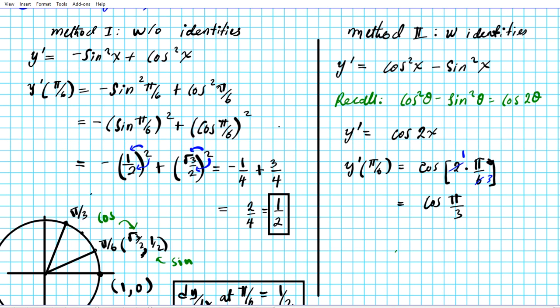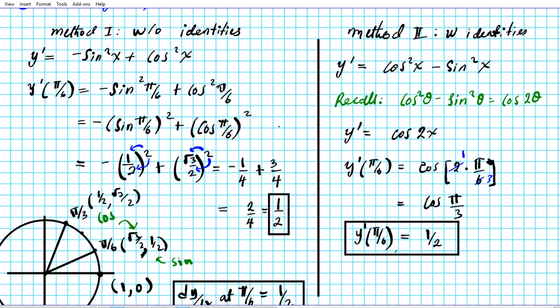Just switch this around. It's going to be (1/2, root 3 over 2). So the x coordinate is the cosine, alright? So cosine pi over 3 is 1 over 2. So this is y prime of pi over 6, which is the same thing as dy/dx at pi over 6.